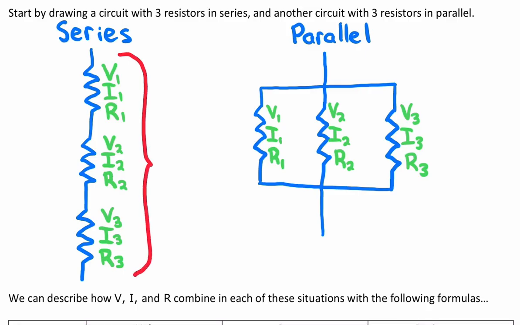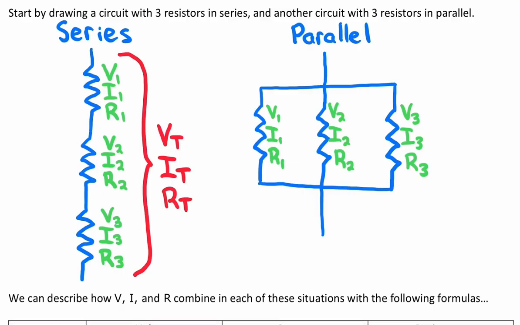So on my series circuit, I'm going to have a total voltage from the very top to the very bottom. A total current, which is what I'll observe at the very top or at the very bottom. And a total resistance, how much resistance all those resistors have when they're combined.